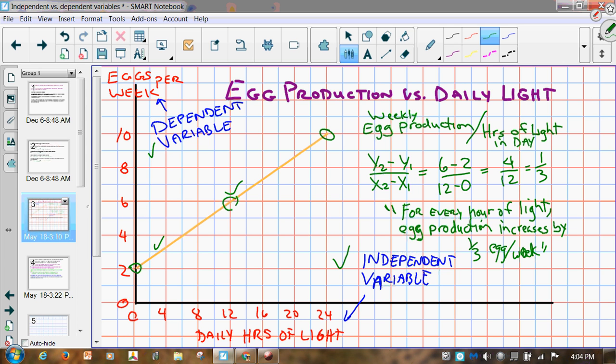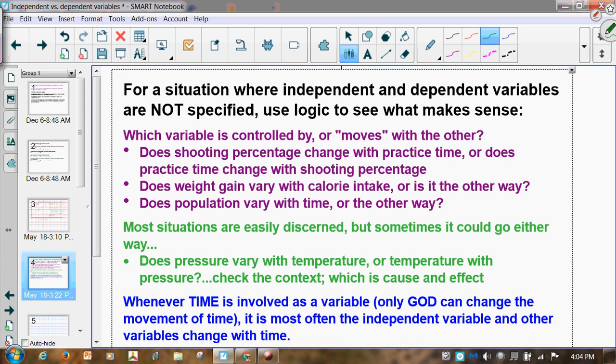Okay. One final thing, just as a summary here, and this is something you ought to keep handy. What about when we are looking at experimental data, or we're looking at cause and effect, and it's not specified in the problem which one is which? And you have to decide which one is independent, because you're going to graph this information and present it, but you're saying, okay, which one is independent, which one is dependent?